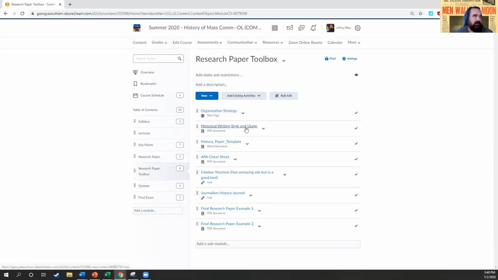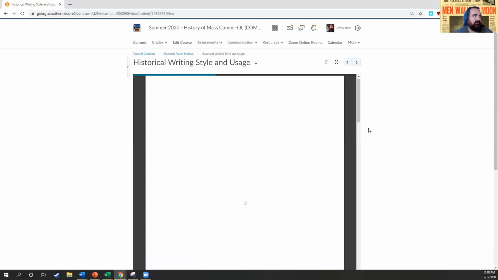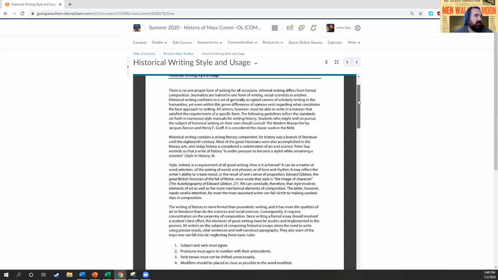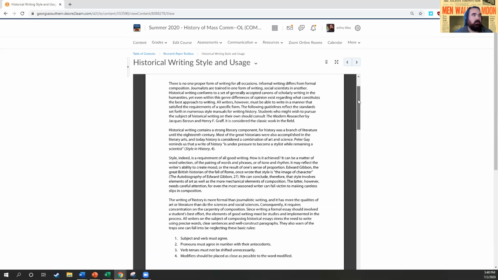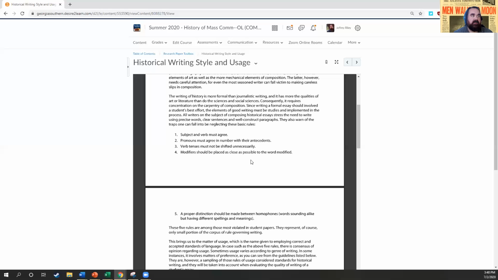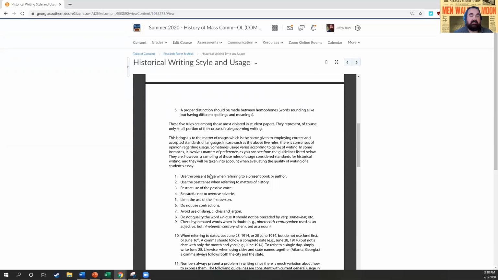Okay, the next thing we've got is a PDF document that looks at historical writing style and usage. This is, as it loads, a document that explains roughly how things should sound. I would read through this the best that you can, and you don't have to sit and make notes on it, but you should definitely pay attention to some of the clear rules about the structure and style of historical writing, such as when certain tenses are used, not using contractions, avoiding slang, cliches, or jargon.